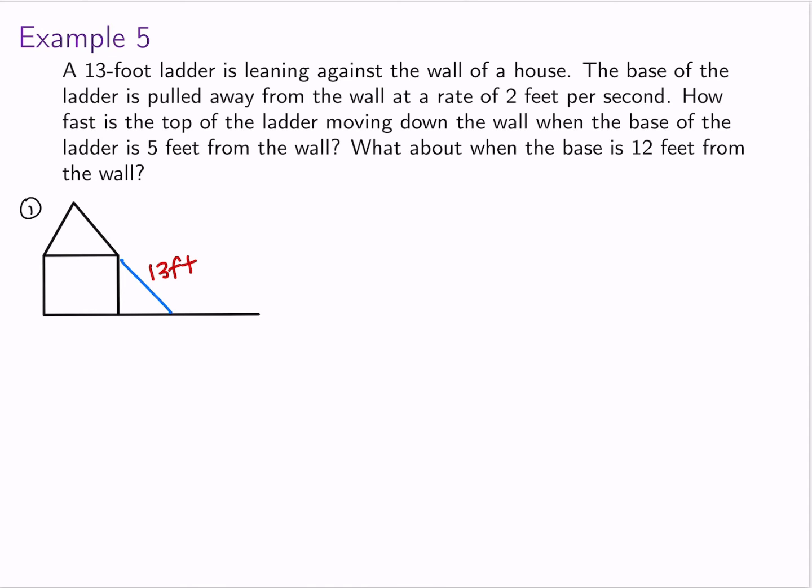And what else do we know? Let's see. I see a triangle being formed between the wall of the house and the ground and the ladder. So I'm going to label this part of the triangle as X and this part of the triangle as Y, and let that be my variables. Okay. So let's see, what do we know?